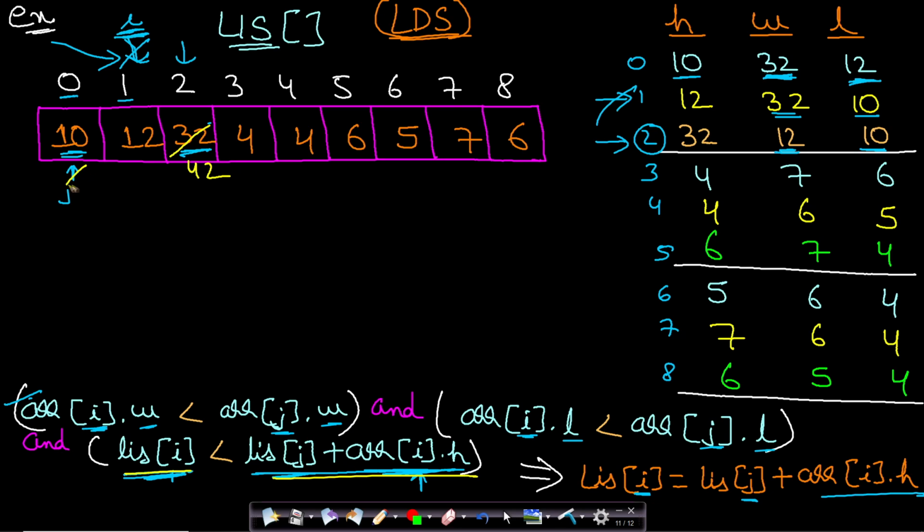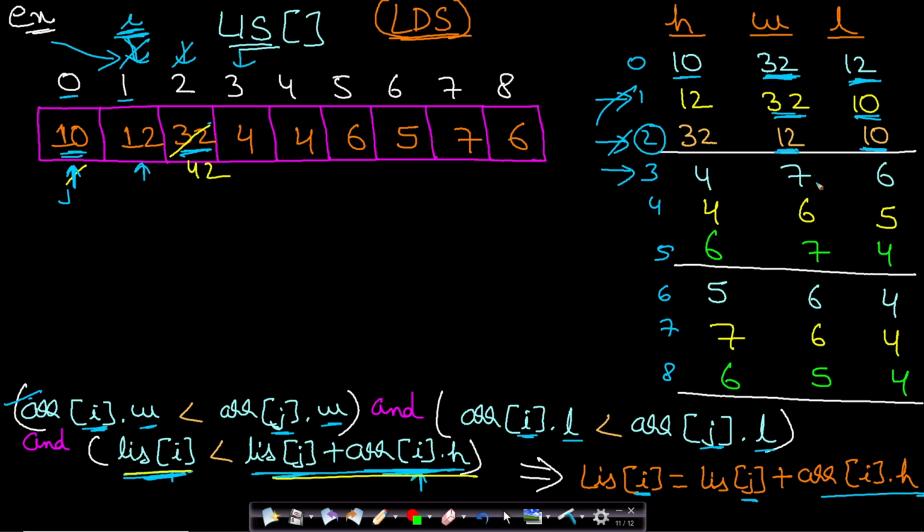Now we will be moving to the next point, which is this one. So for this second point, you can see that 32 is greater than 12, but 10 is equals to 10, so they are not strictly decreasing, so we will not be doing anything. So we will update the I pointer, it will go to point 3. Now we are pointing to this box 3. We will again be starting our J pointer from this point 0.